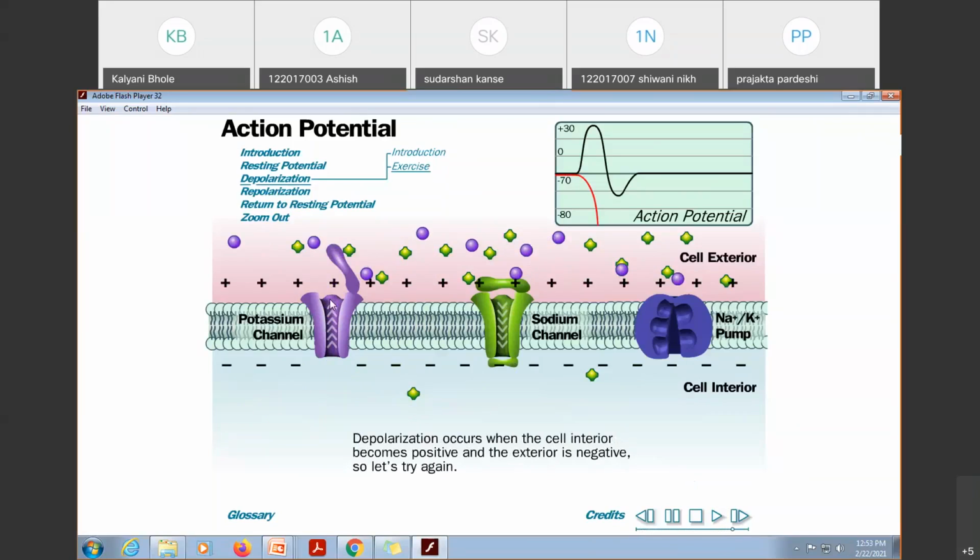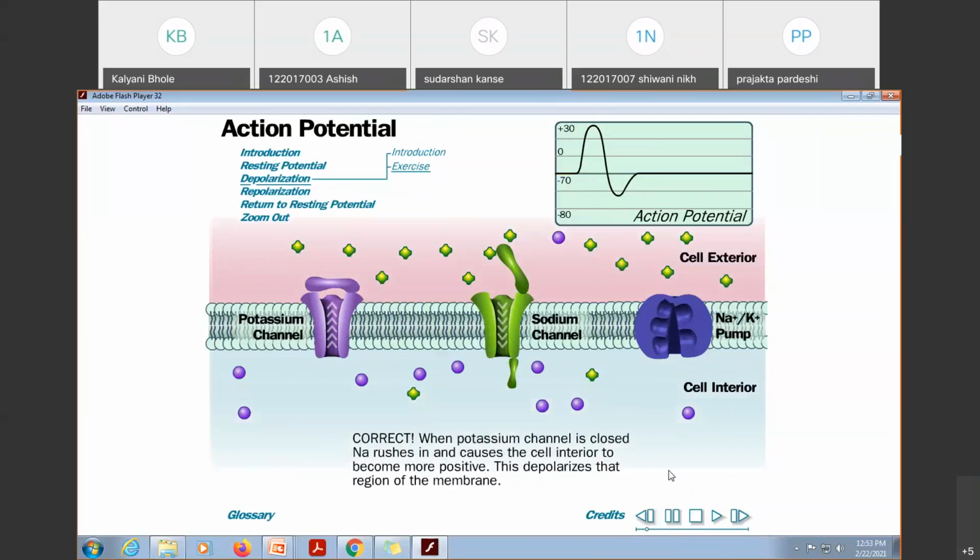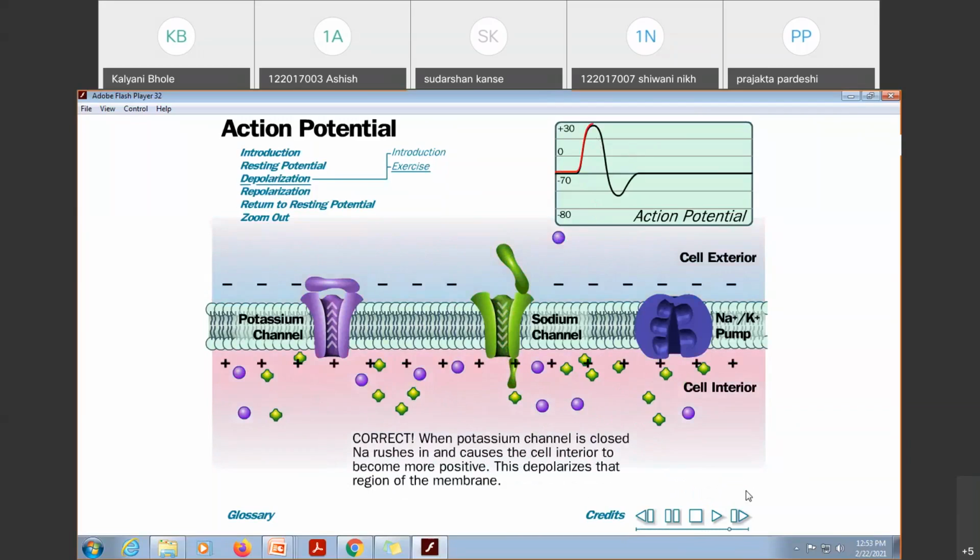That sodium potassium pump. This should be open, this should be closed. Okay. This will come in, correct? Then this will be positive. Then this depolarization happens.